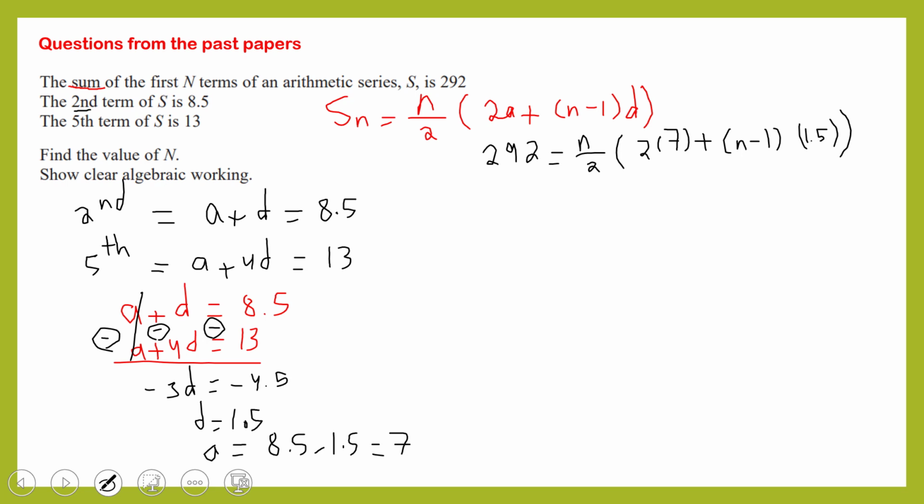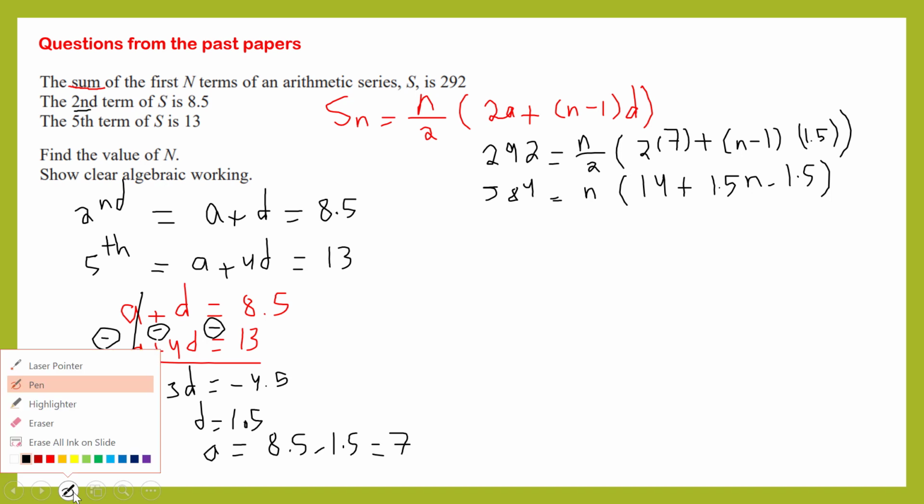Then let's do expansion. I will multiply by 2 on both sides, so we can get rid of the fraction. We will do 292 multiplied by 2, the answer is 584, and here we have n, and here we have 14 plus, you can expand 1.5 on n minus 1, it will be 1.5n minus 1.5, and then we will subtract the numbers inside the bracket.